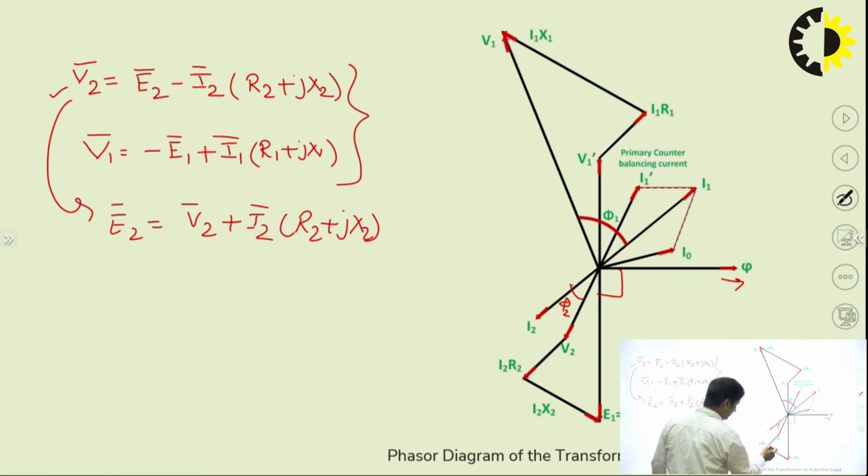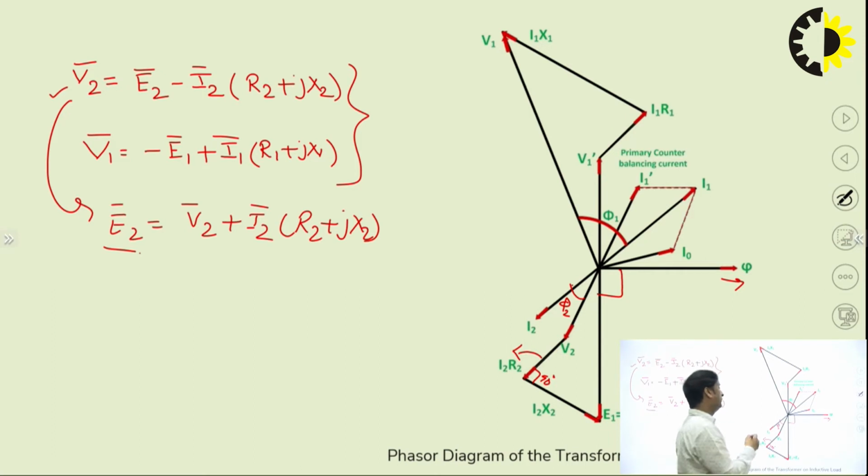So this is the current, and this is I2 R2. And I2 jX2 is 90 degrees ahead of this, so the 90 degrees is somewhere like this. If I extend this, this is my E2. So E2 must be equal to this. This is the phasor diagram of the secondary side.